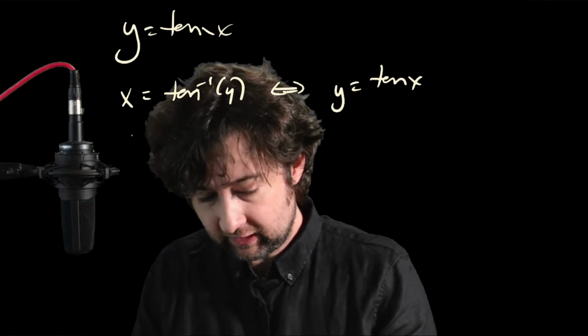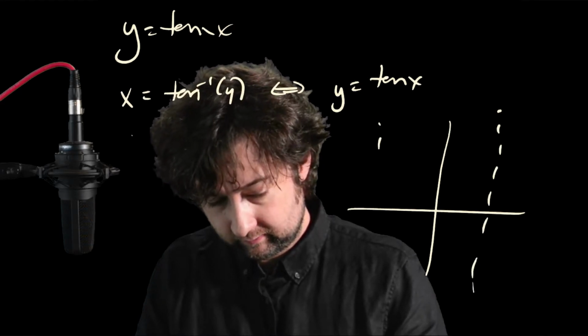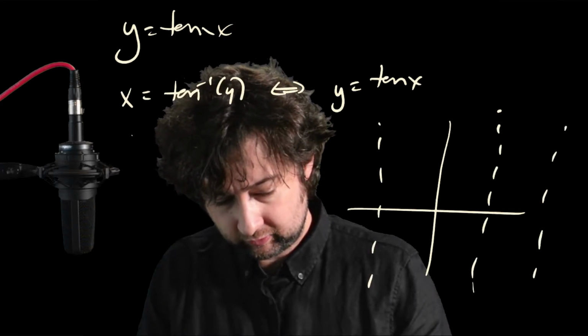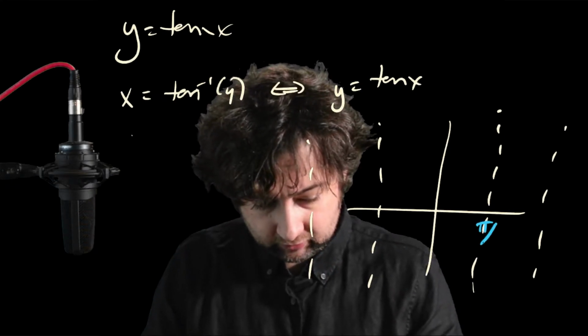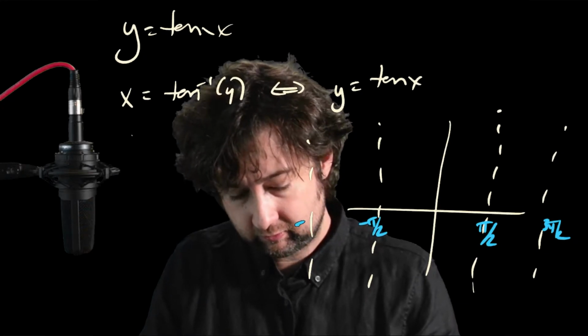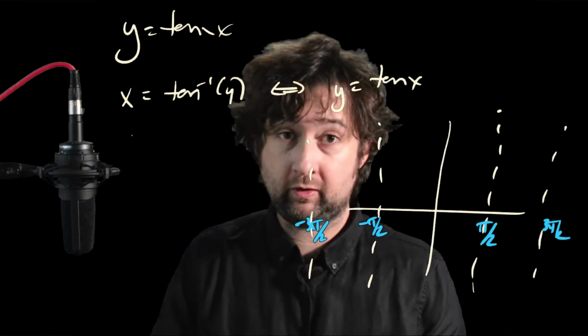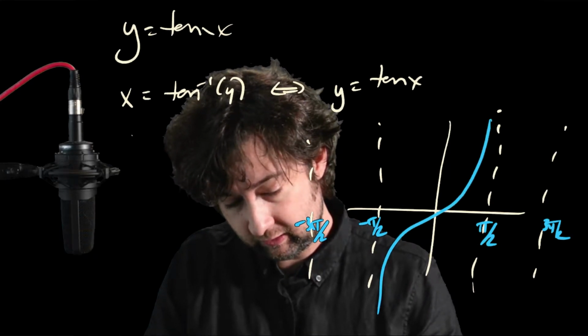So a graph of the tangent looks like this. It has asymptotes all over the place, and those asymptotes are located at pi over 2 and 3 pi over 2 and minus pi over 2 and minus 3 pi over 2 and so on forever. And the tangent lives in these branches that sit between those asymptotes.